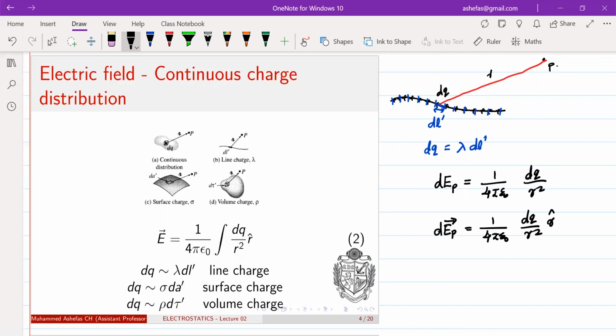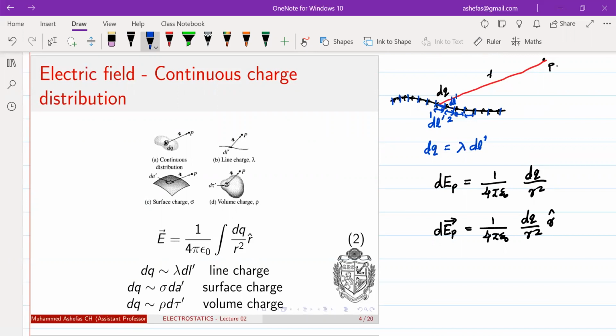I already said that we can divide this complete length into a very large number of small segments of length dl prime. First I find the electric field produced by the first segment. Then similarly we can find the electric field produced by the second segment. It will have the same expression, but the meaning of R would change. The R would be the distance from the second line element to the point P.